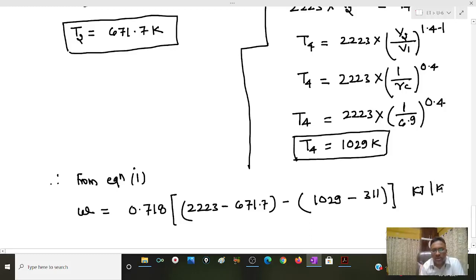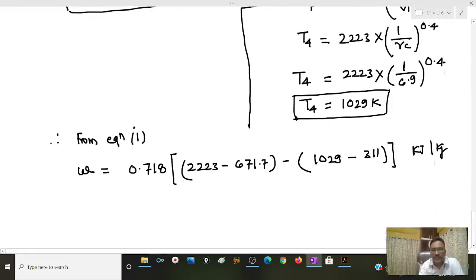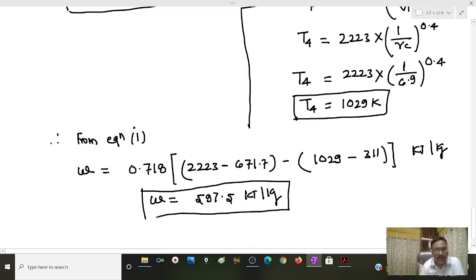This will be in kilojoule per kg. So the work done W will come out to be 597.5 kilojoule per kg. This is the required answer number 3. So this way you can solve such problems.